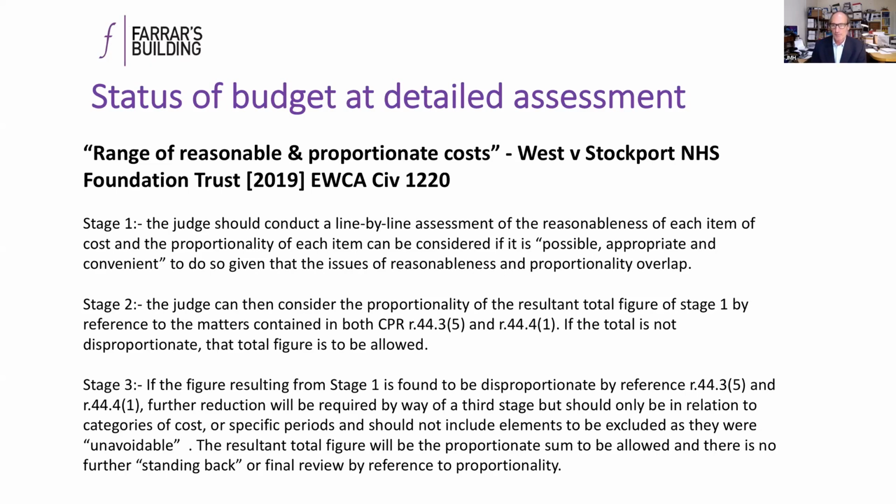West against Stockport NHS Foundation Trust is providing something of a review on global proportionality. Look at the three stages I've got up on the slide. It's not that easy to follow, but there might be something of a way out for a paying party and worth considering.